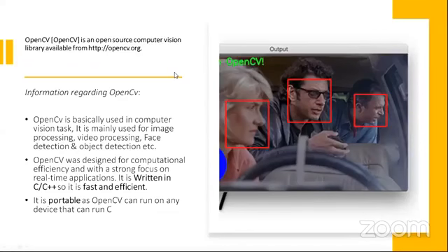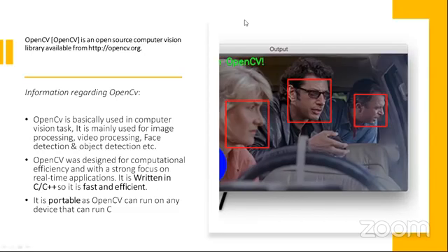OpenCV has served developers in computer vision for a very long time, and it has 2500 plus functions that help us do image processing tasks. So that's a major advantage of using OpenCV. And it is very fast and efficient, and it is written in C++. That is the technical knowledge, that is why it is fast and efficient.